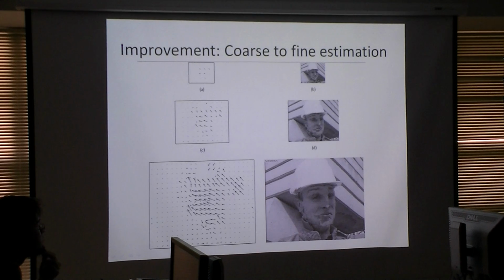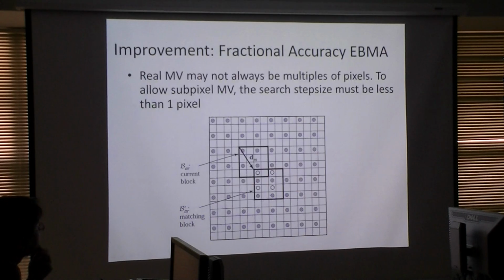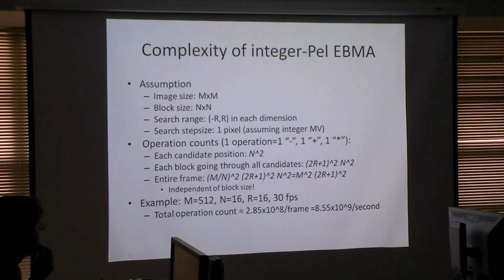And another improvement is for the reduced complexity. It's called coarse to fine estimation. We can estimate the motion vector from a lower resolution image and then gradually increase the image size. And then we can reduce the search region, because we have analyzed the complexity here.